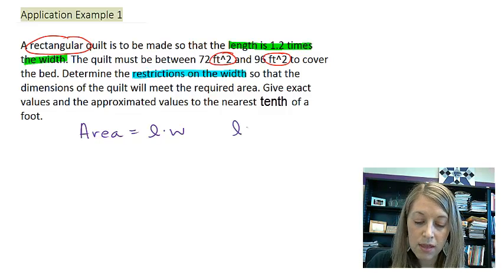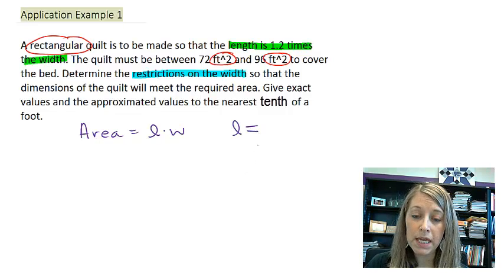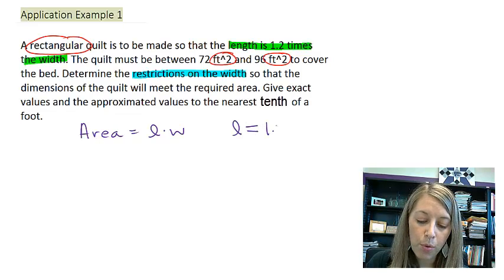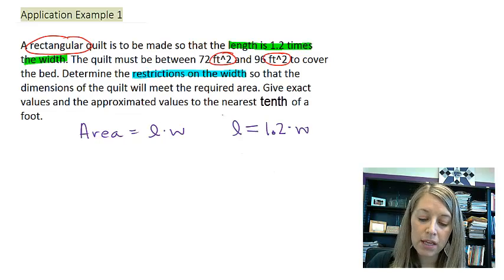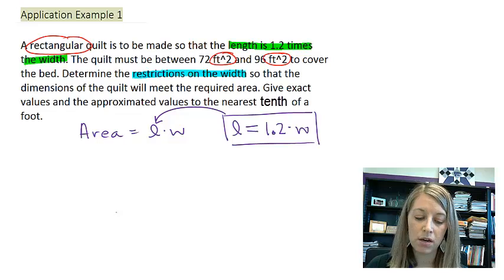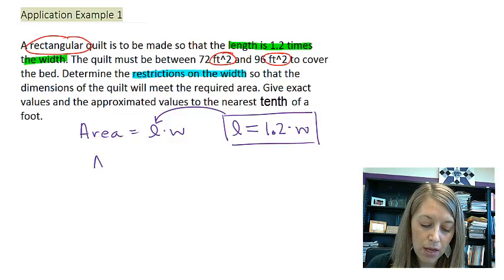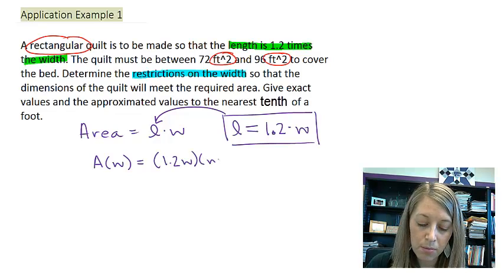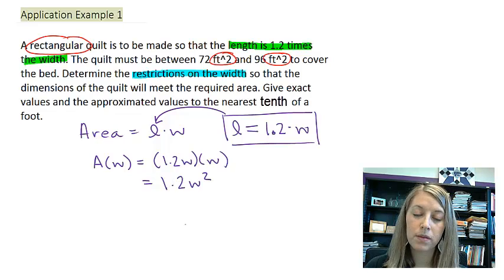So the length, anytime you see an "is," that's an equal sign, is 1.2 times the width. So I can just take this length equation and plug it in for L right here. That gives me my area as a function of W: 1.2W times W, or 1.2W squared.